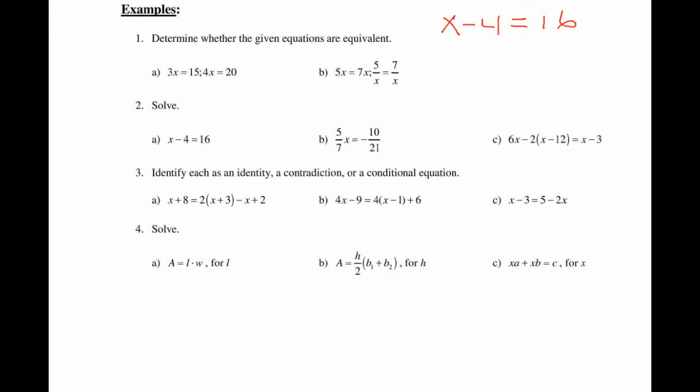The answer is we're going to add its additive inverse, since the additive inverse of negative 4 is positive 4. We do that to both sides. Remember, that's our rule: whatever we do to one side, we do to the other. So here, these cancel out and I get 0. So I get x equals 20. And if I put a 20 there, 20 minus 4 is 16. So this checks.